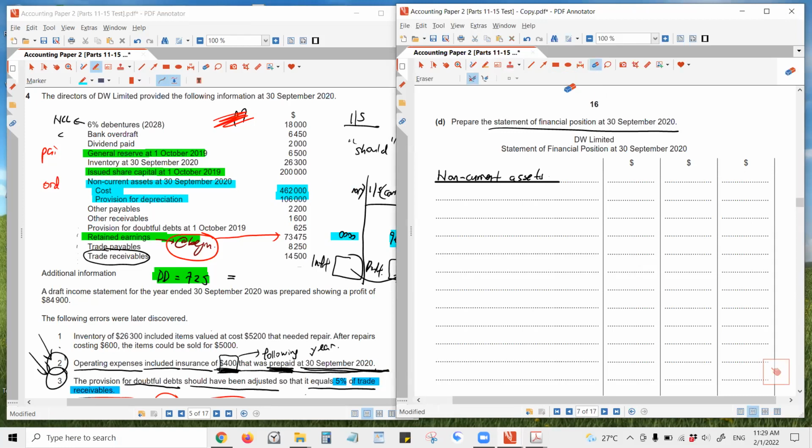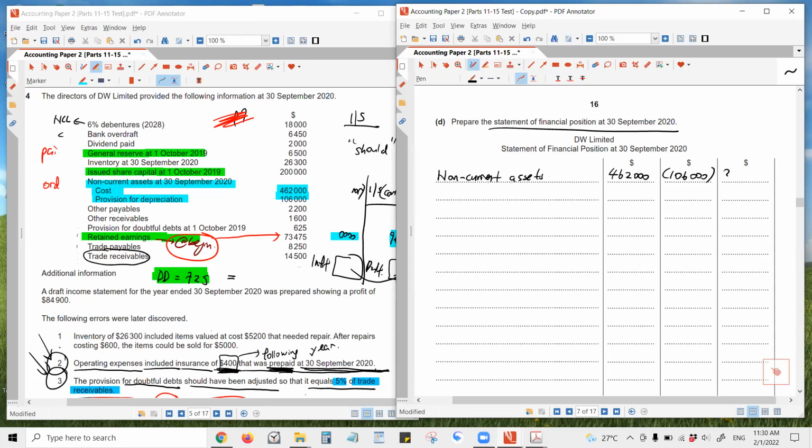We do not know what NCA they have, right? They just give us the total. So you can present it this way. You take the 462000 minus provision for depreciation. You show it horizontally, then you do the deduction, then you show the number at the rightmost. That's how you show NCA in the SOFP, right?